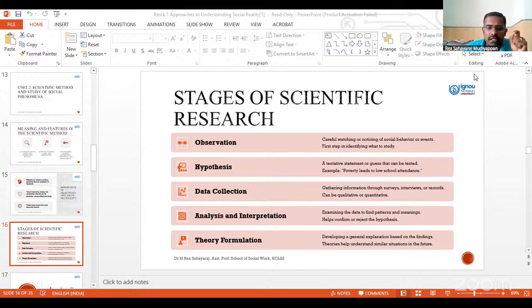The need of research is to describe something which is hidden. The need of research is to prove or disprove. Both are important. Not only prove, but also disprove something or some phenomena out of your research. Are you able to understand?